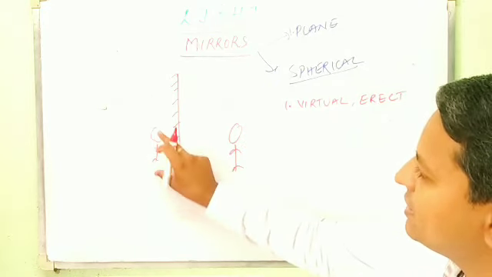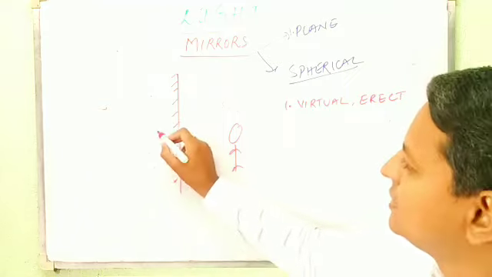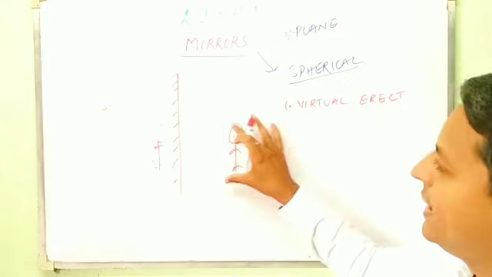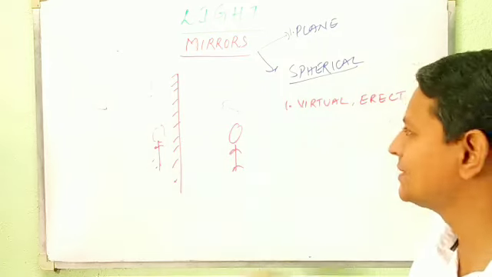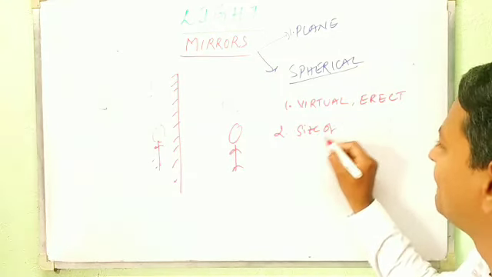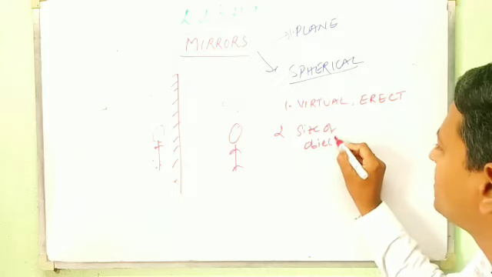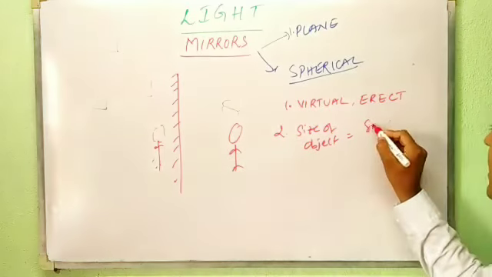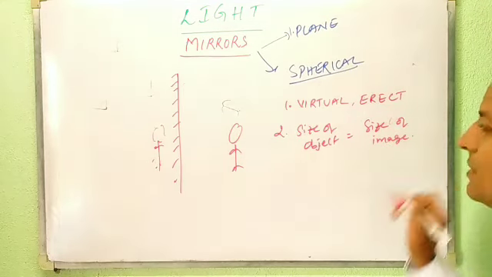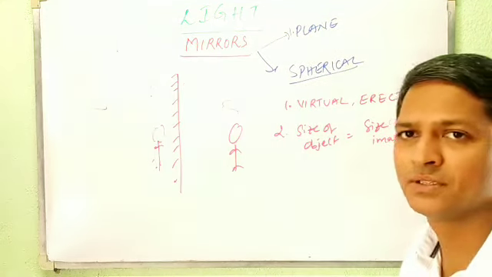The same size you appear inside the mirror also. So this is called object size and this is called image size. Size of object is equal to size of image.